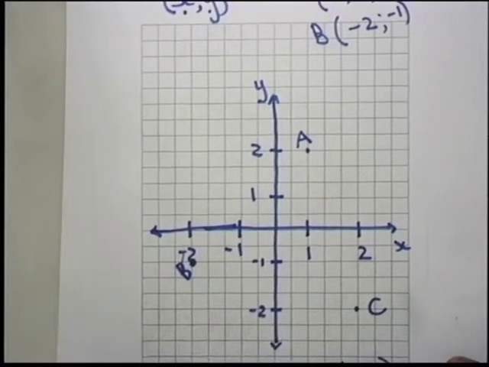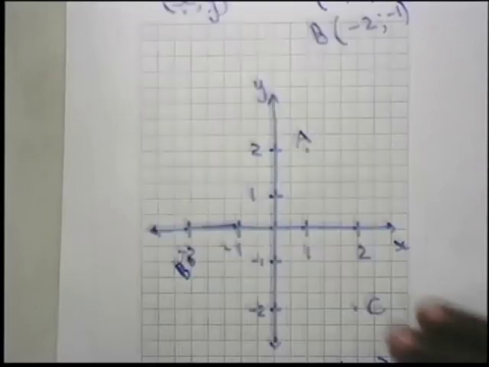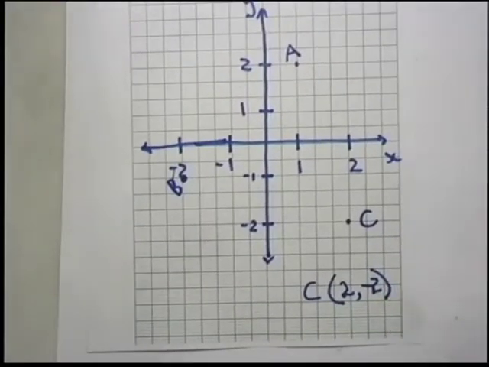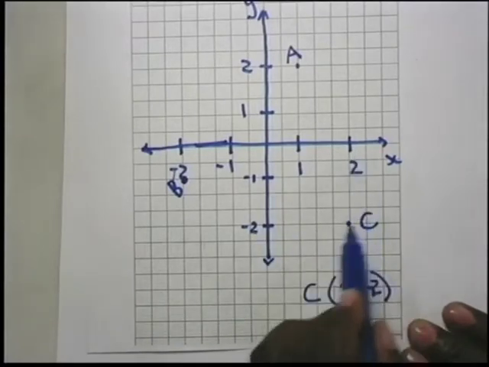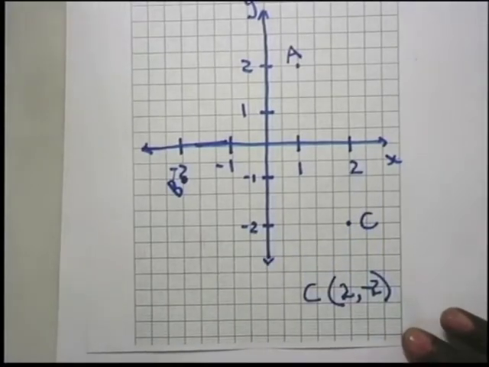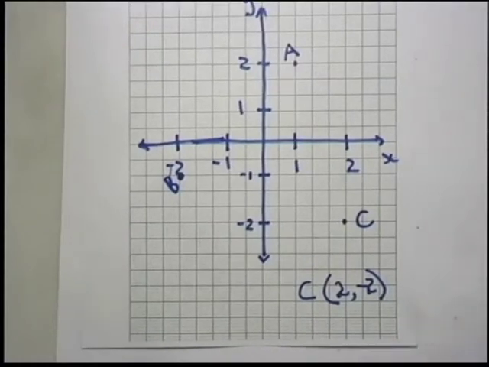So those are the coordinates of point C: (2, -2). So in a nutshell, those are the key critical points that we need to remember.